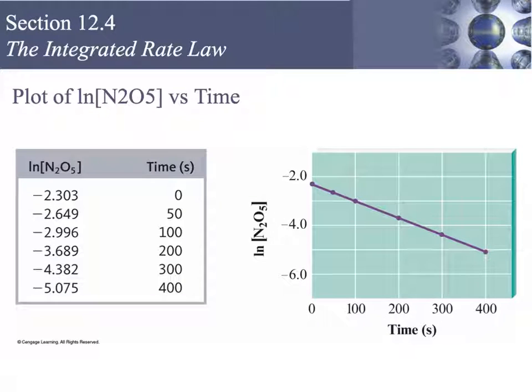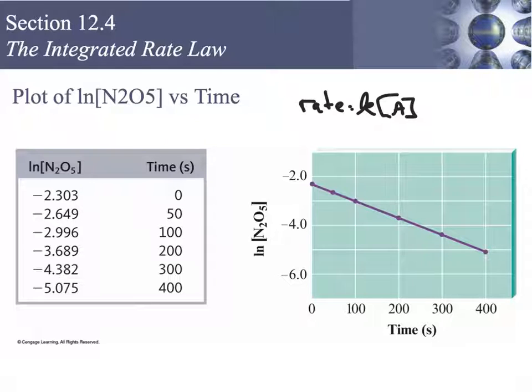We saw in the previous slide that for a first order reaction, that is one in which rate equals k times the concentration of A raised to the first power, it takes the form y equals mx plus b.